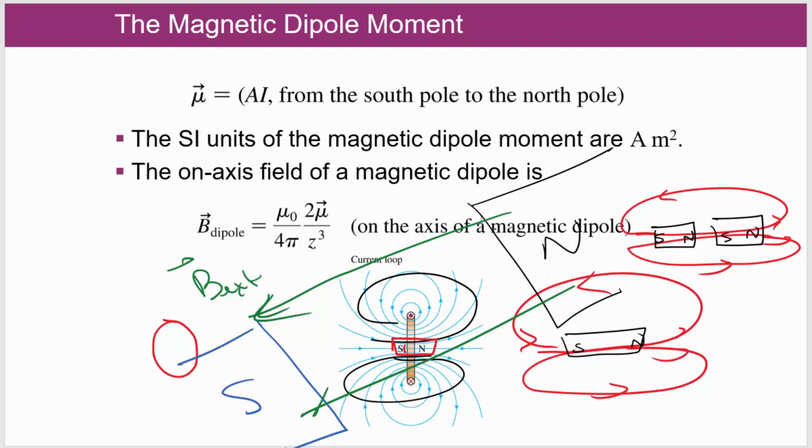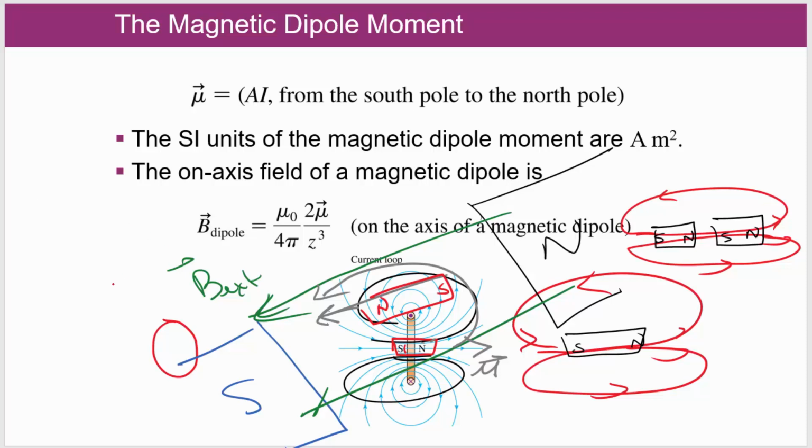And that torque is going to act on the magnetic dipole moment vector, which is mu. That will cause mu to experience a torque and rotate to align itself with the external magnetic field. So the north pole will line up with the external south pole, and the south pole lines up with the external north pole. Unlike poles attract each other.